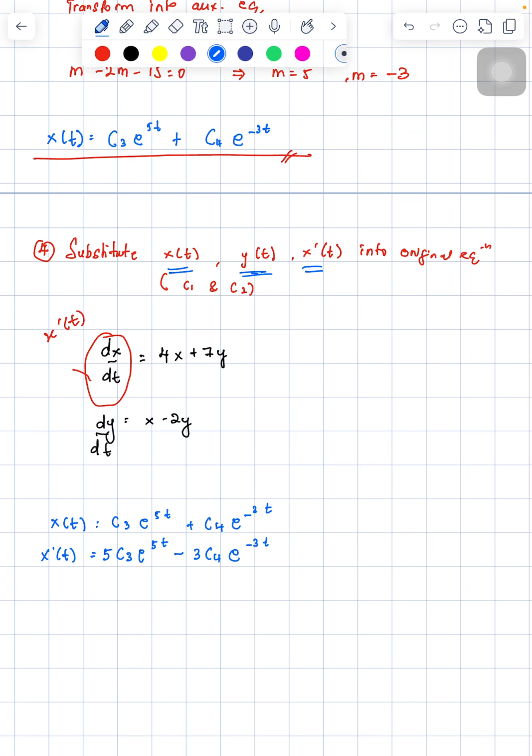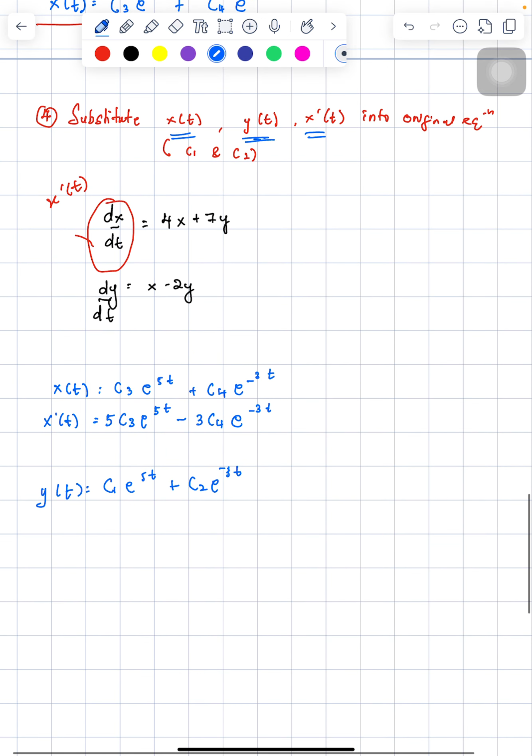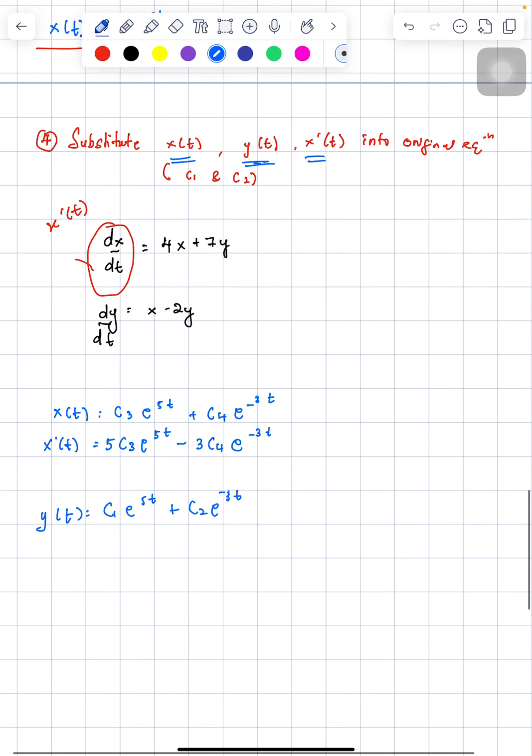And we also have yt equals to c1 e to the power of 5t plus c2 e to the power of negative 3t. We put this as equation A, and this is equation B.